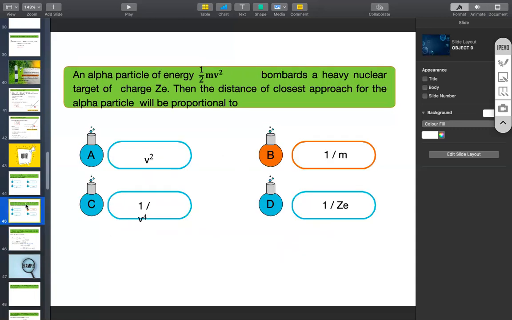Answer is B. We have already discussed that radius will be inversely proportional to kinetic energy, and kinetic energy is half mv square. So radius is inversely proportional to m, the mass.